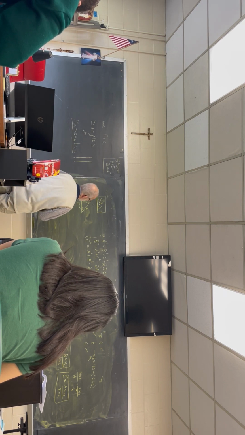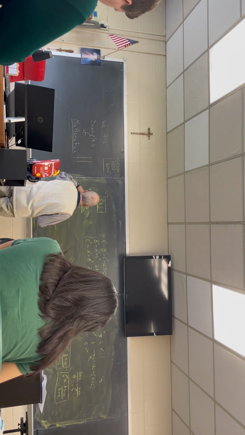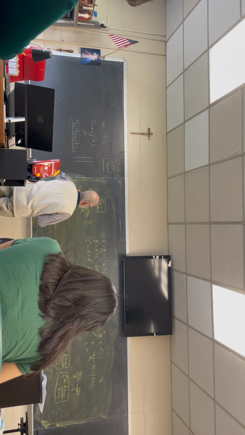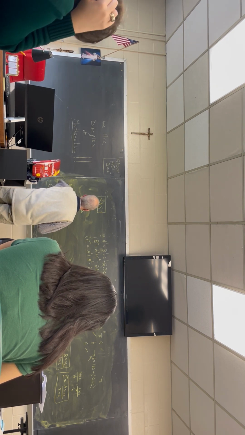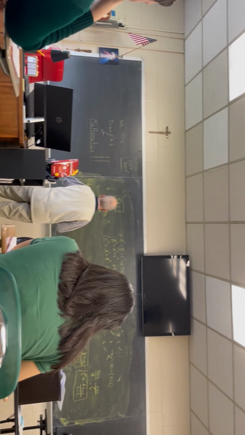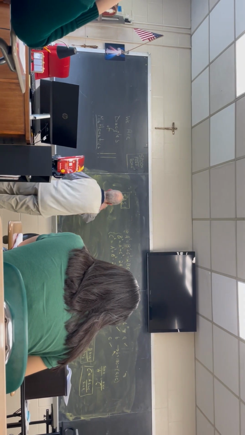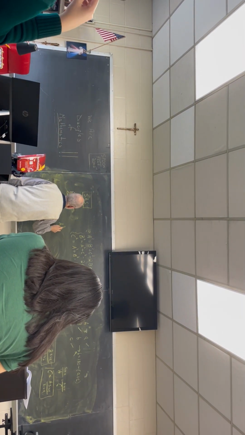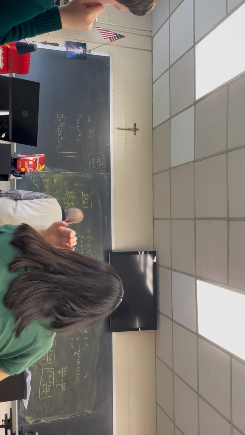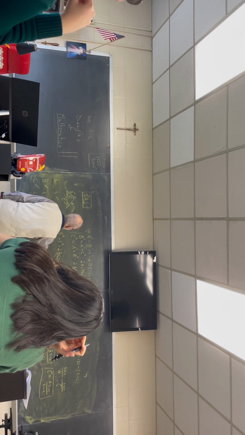So let's say we know B and C. We're given B and C and A. Yeah, so we would do A squared is equal to B squared plus C squared minus 2BC cosine of A, right?